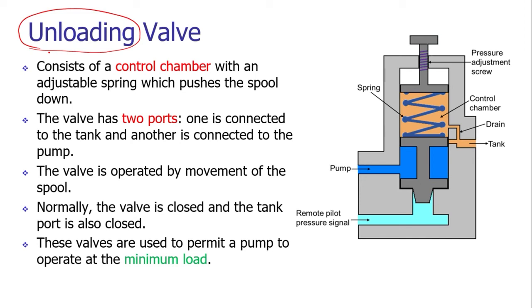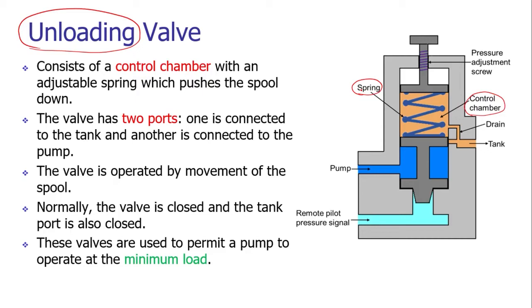In one of the direction control valves, we have seen that a pilot pressure can be utilized to convert the direction control valve into the unloading valve. The unloading valve has a control chamber. So this is the control chamber of the unloading valve. It has an adjustable spring. So this is the adjustable spring.